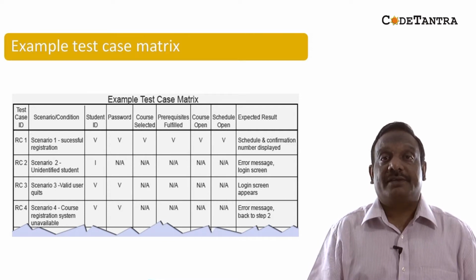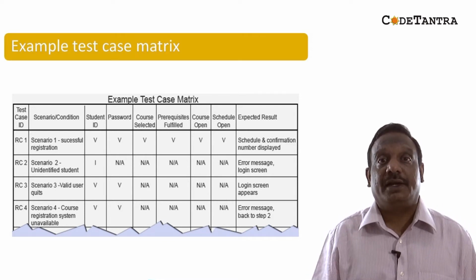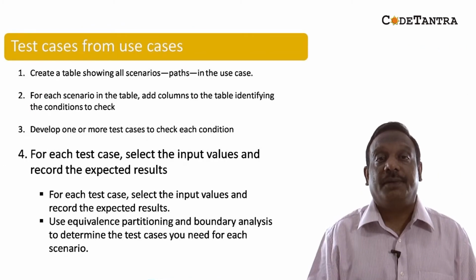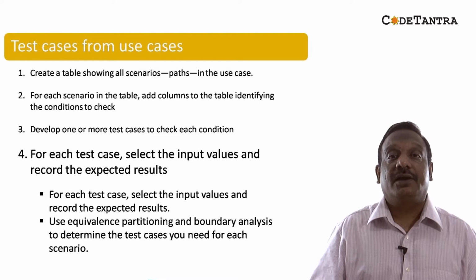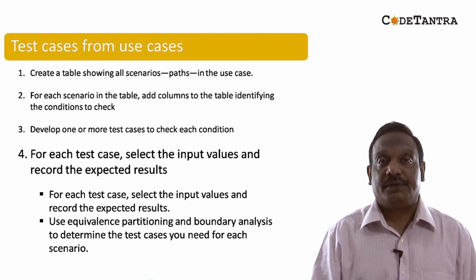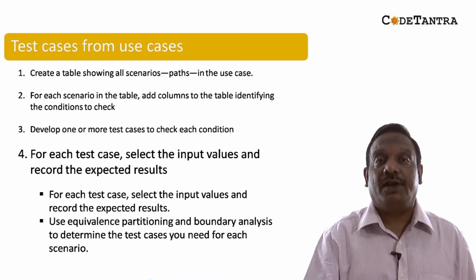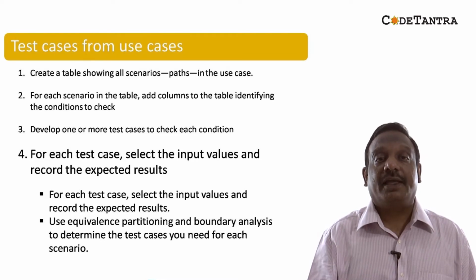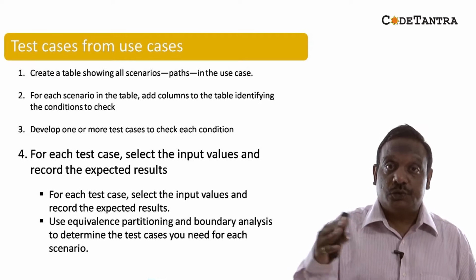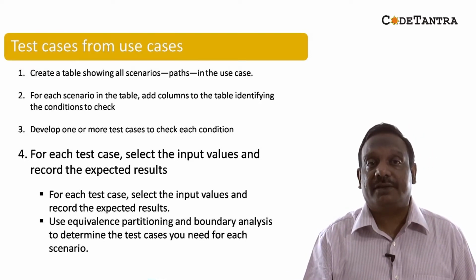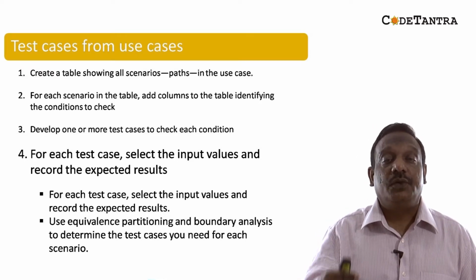Now to make this test case matrix more concrete, you choose the fourth step. For each test case, select the input values and record the expected result. Then that will become a complete test case. Use equivalence partitioning and boundary value analysis to determine the test cases you need for each scenario.